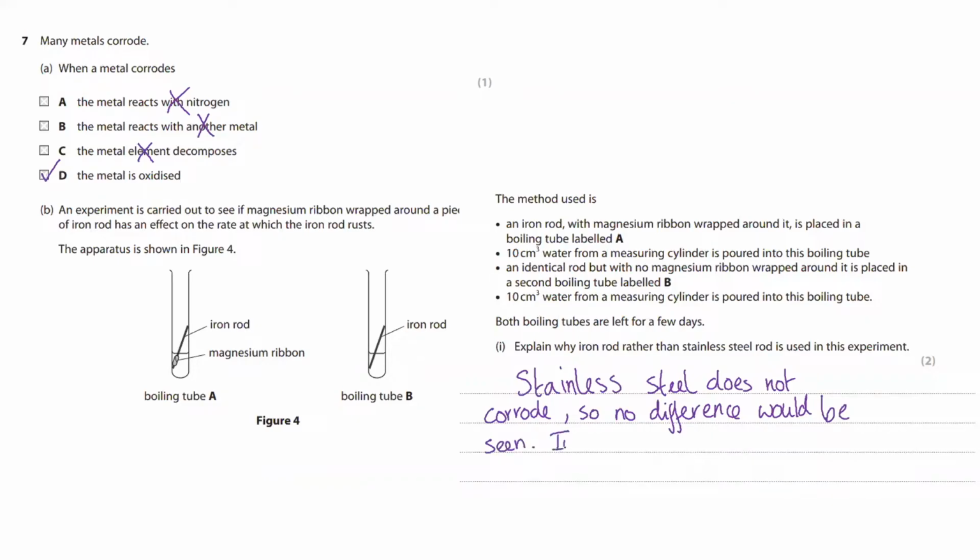Whereas iron rusts. Rust is only used for iron; it's another word for corrode for iron. Iron rusts, so a difference could be seen. Okay.